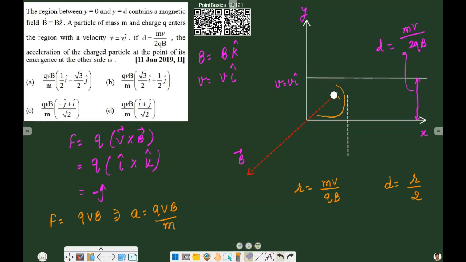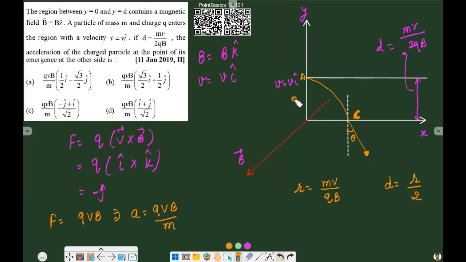So let's assume that we are entering at this point. Our charge will rotate something like this, and at this point it will go straight forward, because after this point, suppose this is point A and this is point C, since B is already used, there is no magnetic field. After point C no force will be acting, so the charge will move in a straight line, and we have to find this angle.